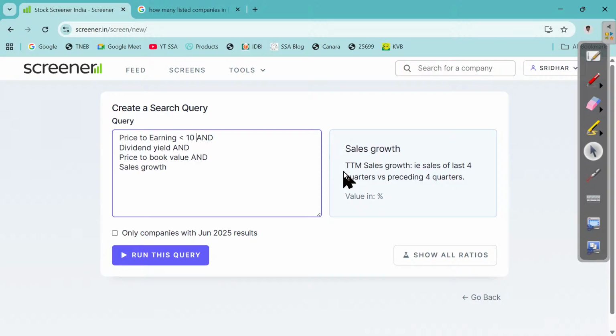Should be less than 10. Dividend yield should be at least more than 1%, very lesser number, because dividend yield is very low. Price to book value should not be more than 4, so less than 4. You can give the conditions also. Sales growth should be more than 10%.